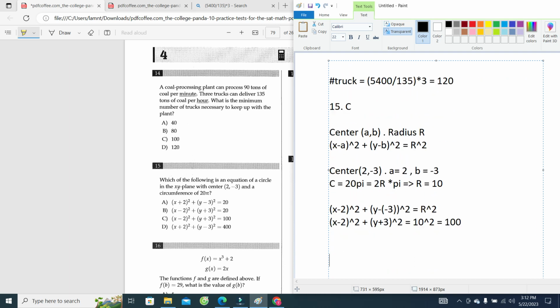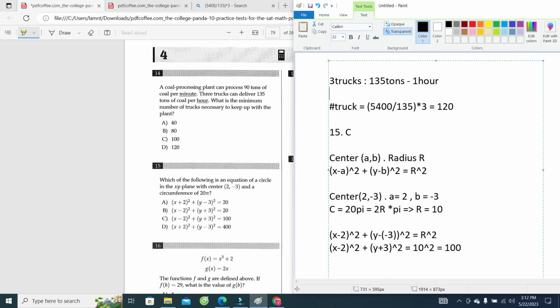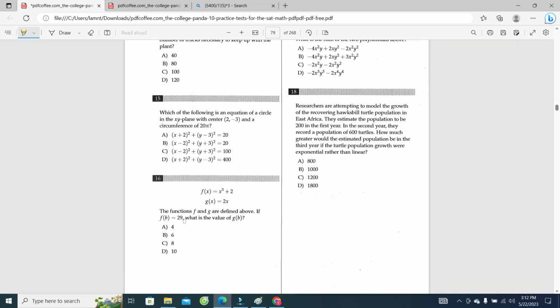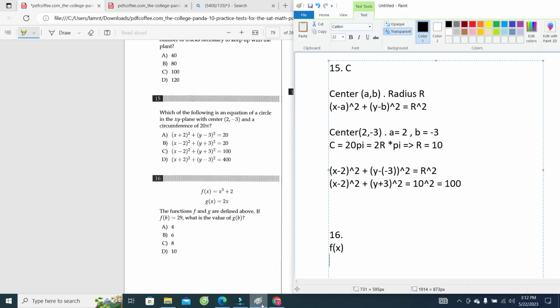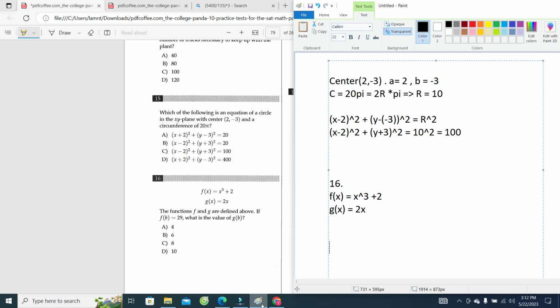Okay, so now let's do number 16. We know that f of x is equal to x cubed plus 2, and g of x is gonna be 2x. So we know that f of b.